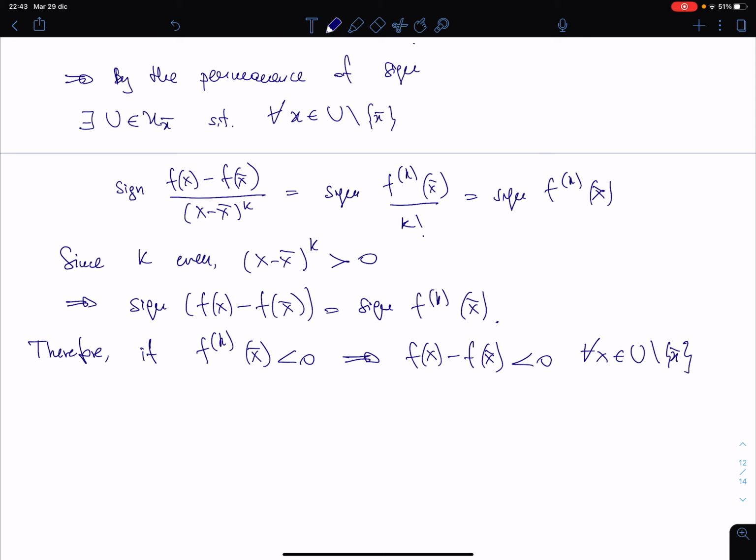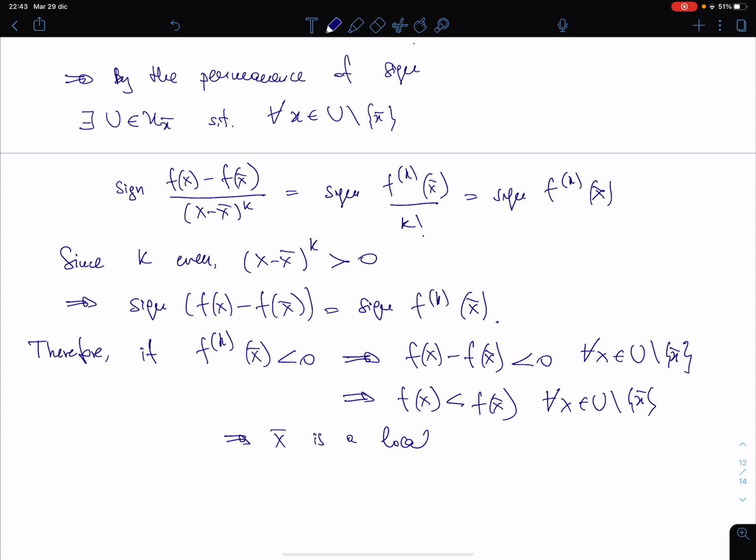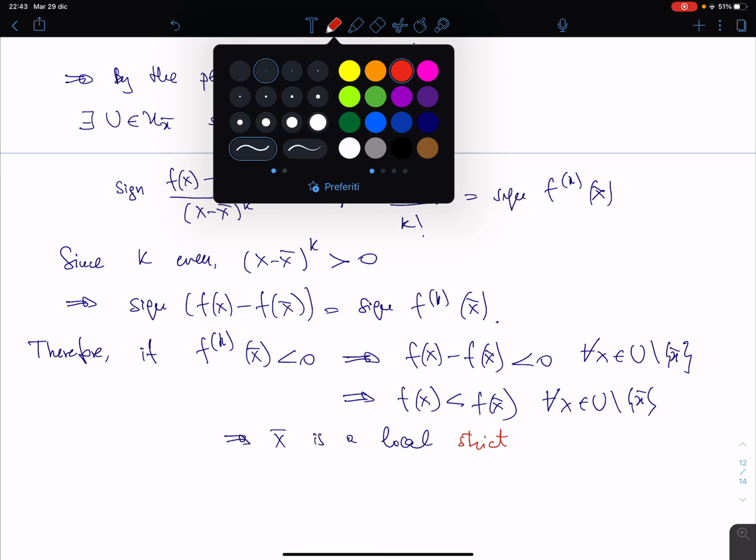That implies that f(x) is strictly less than f(x bar) for every x in U minus x bar. And this means that x bar is a local strict maximum point.